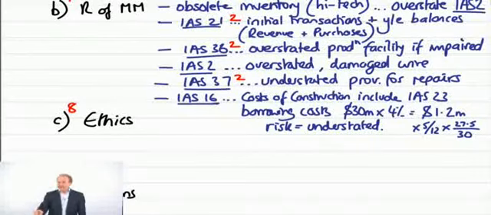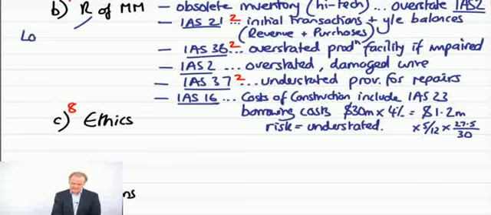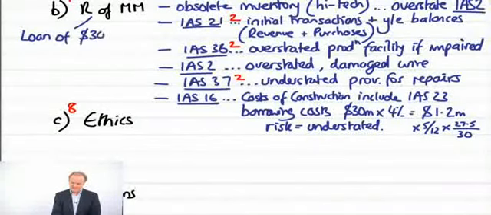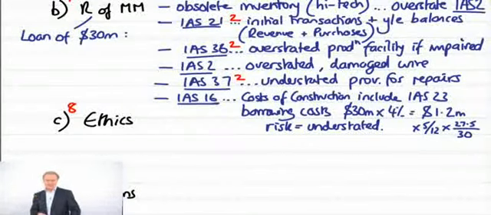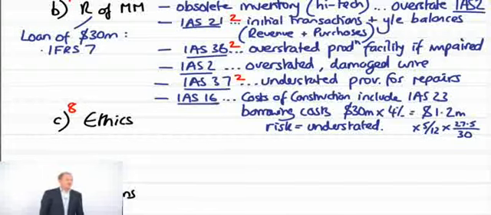But on top of all of that, it also says that there is a loan of 30 million. And I'm thinking various things about loans, such as the risk IFRS 7, not IAS 32.